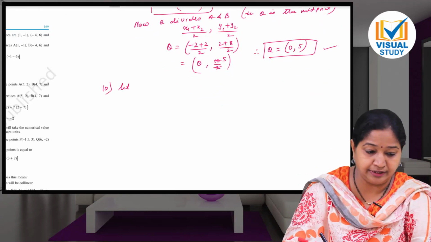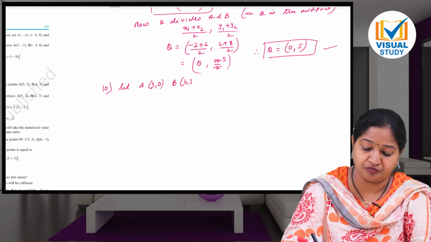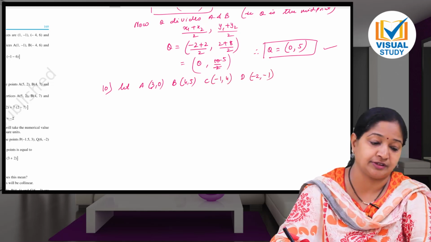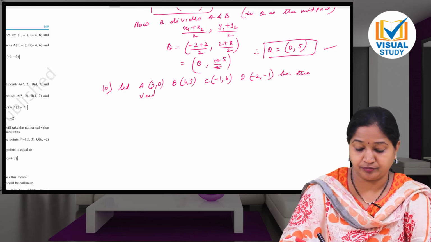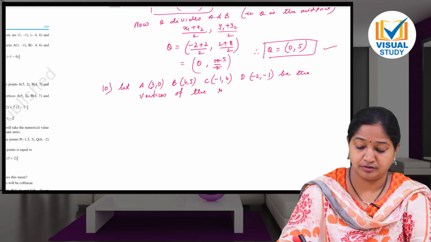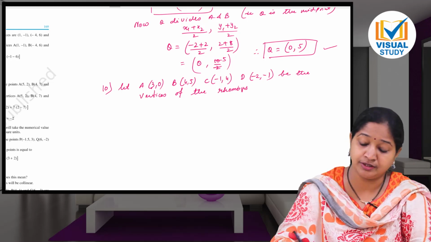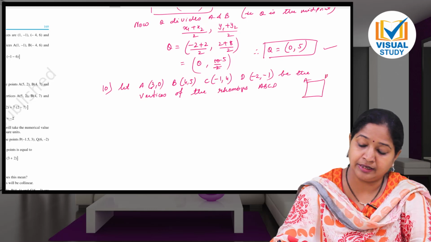Let A be 3, 0, B be 4, 5, C be -1 and 4, and D be -2 and -1. Be the vertices of the rhombus A, B, C, D.